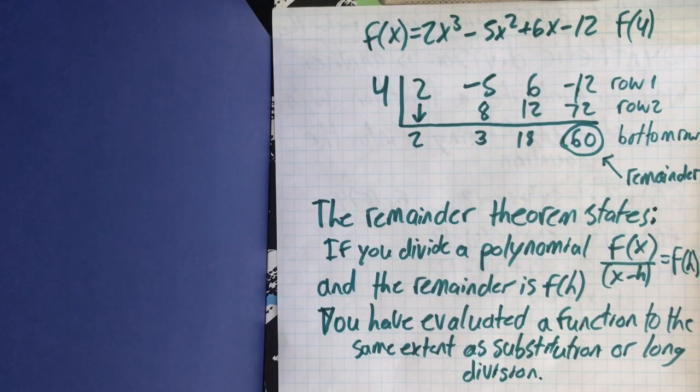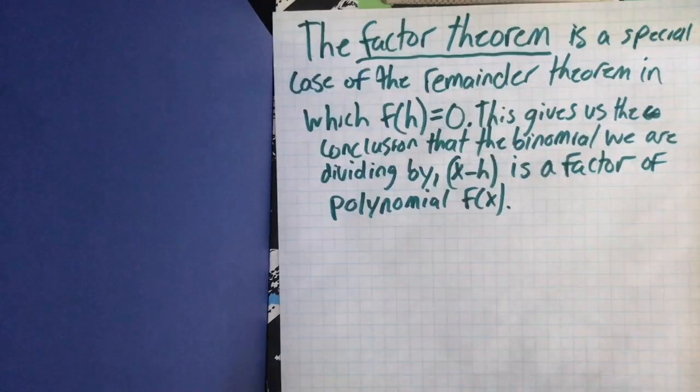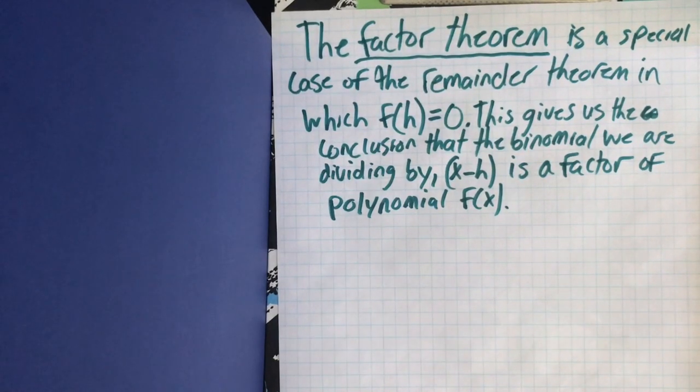This was shown when we got 60 when substituting, and when we got 60 also using synthetic division. The factor theorem is a special case of the remainder theorem, in which f of h equals 0. This gives us the conclusion that the binomial we are dividing by, x minus h, is a factor of polynomial f of x.